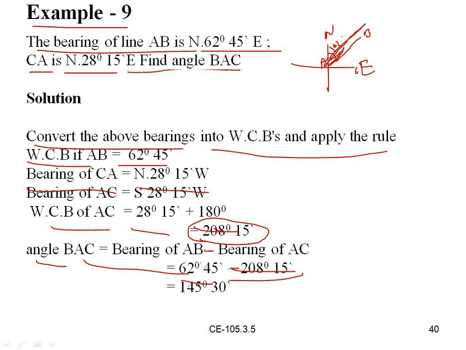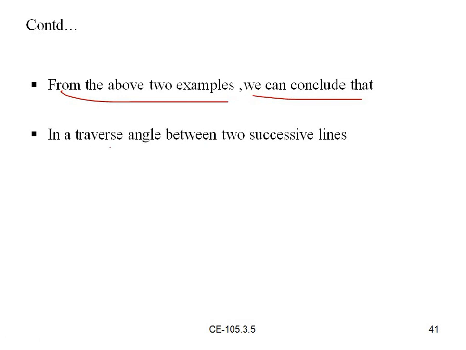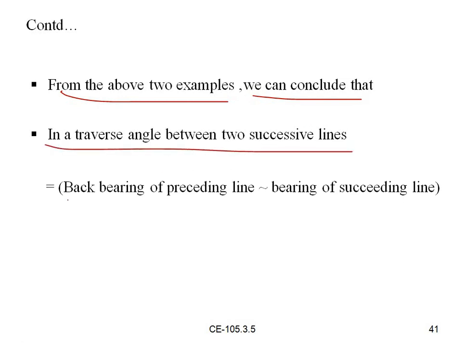This is equal to 145 degrees 30 minutes. So from the above two examples, we can conclude that in a traverse, the angle between two successive lines is back bearing of preceding line minus bearing of succeeding line.